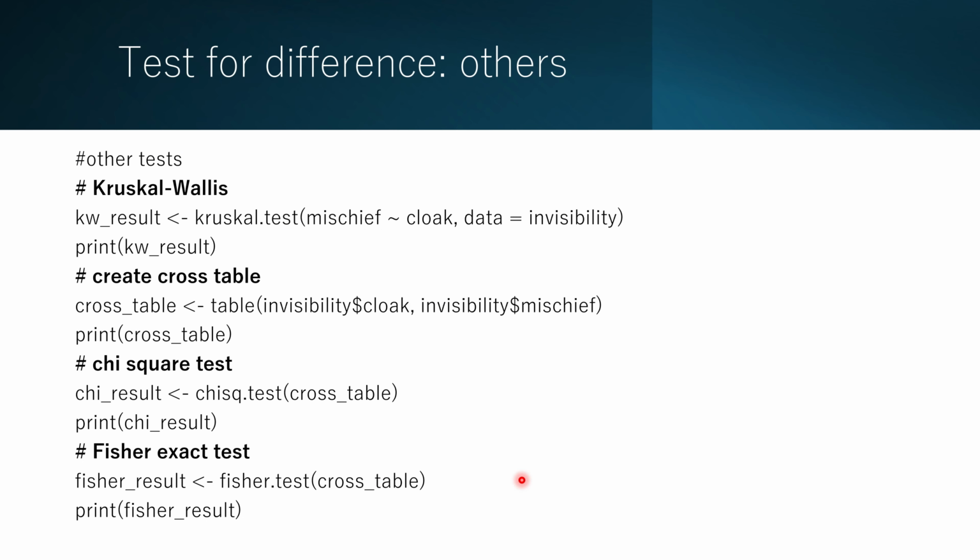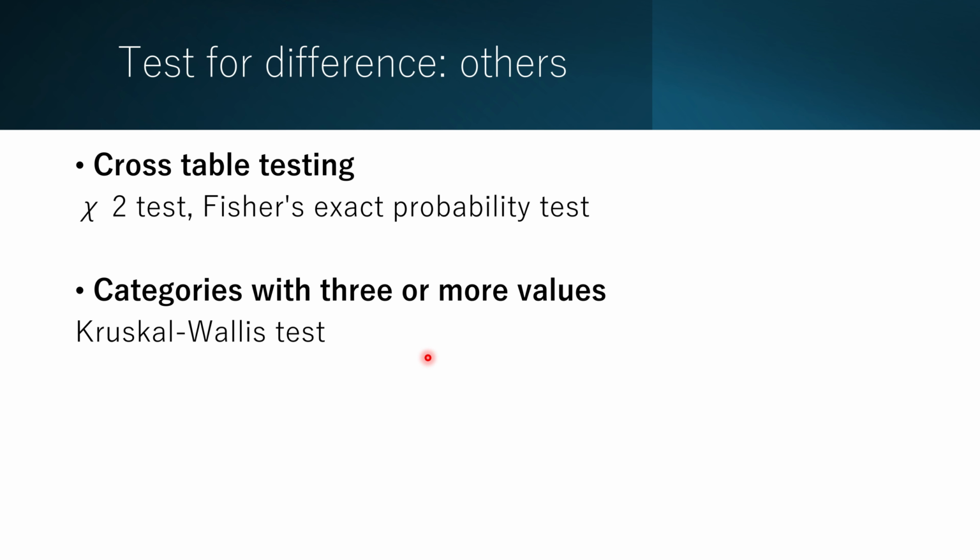And how to conduct it is here. Here is the minimal R code. First one is the Kruskal-Wallis test, second one is the chi-square test, and third one is the Fisher exact test. This is for categorical variables.